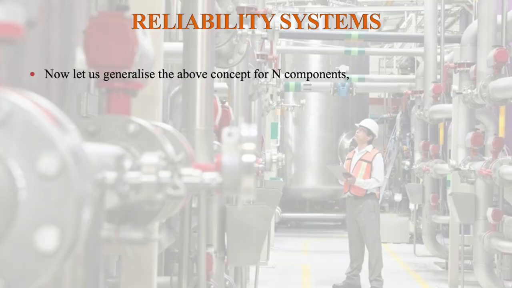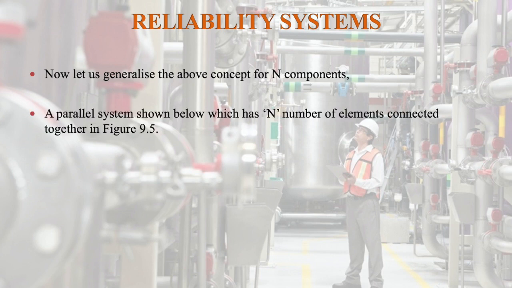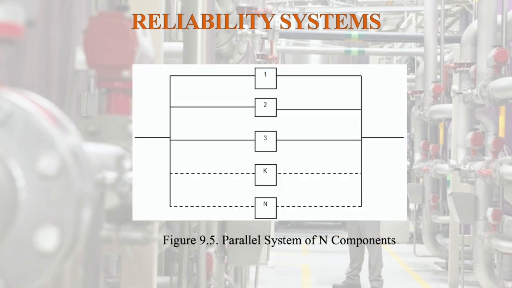Now let us generalize the above concept for n components. A parallel system shown below has n number of elements connected together, in figure 9.5. Here the components 1, 2, 3, up to k or n are connected in parallel. This is known as a parallel system of n components.